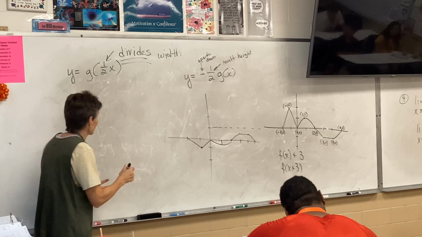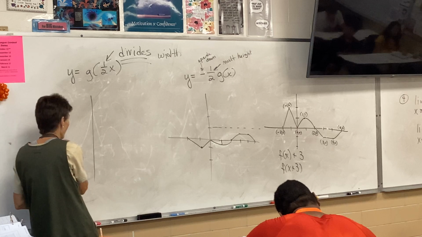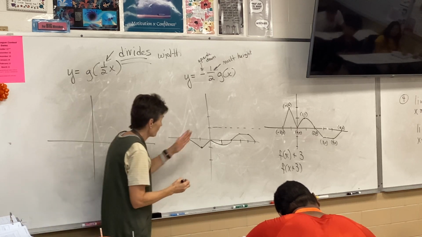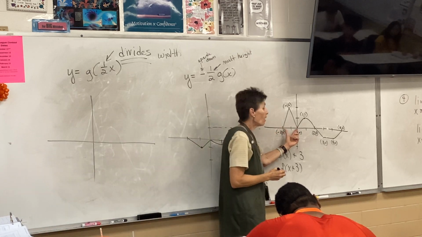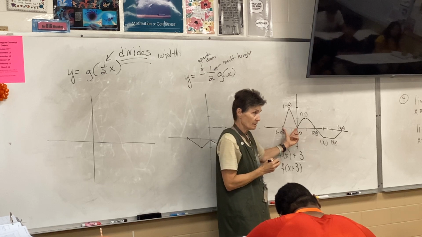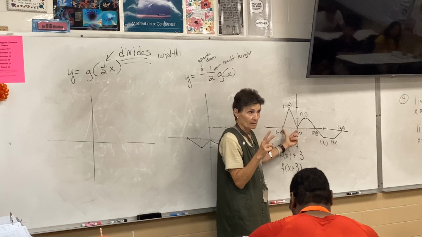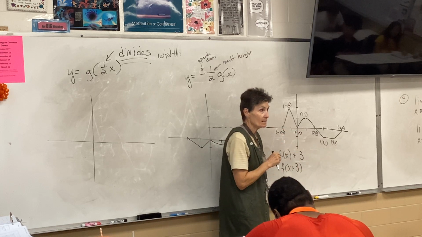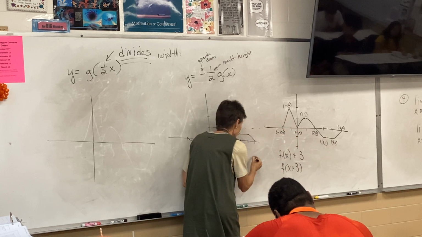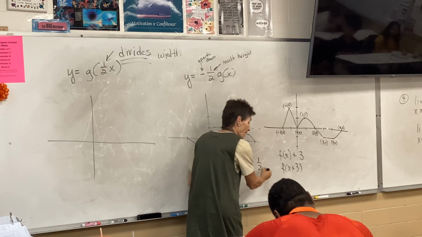So what does that look like? Well, go back to the original picture. How wide was this triangle? 2. Now it's going to be 2 divided by a half.